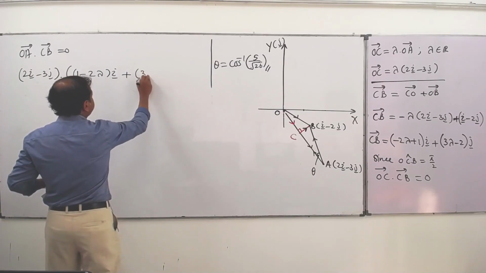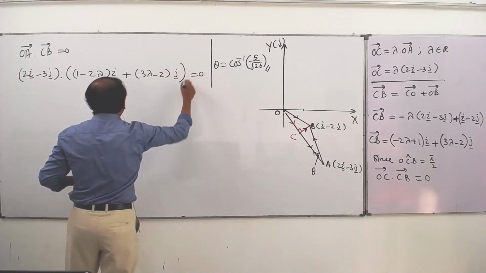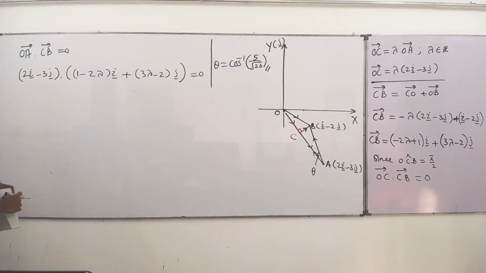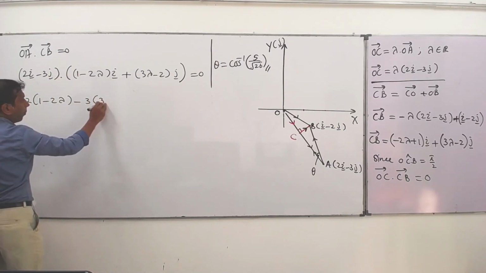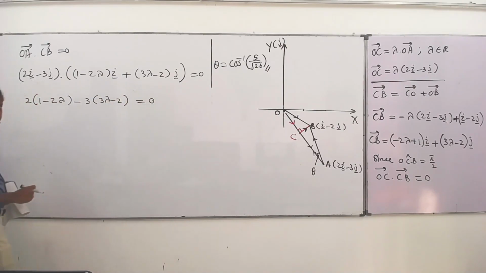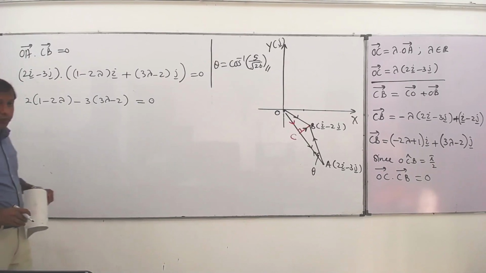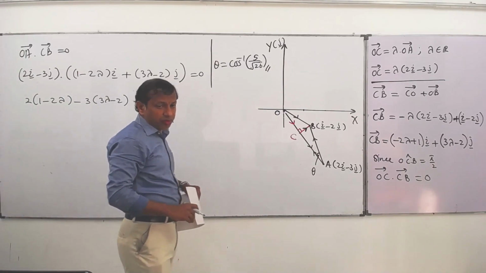It should be 0. Now I coefficients we can multiply, 1 minus 2 lambda, j coefficients we can multiply, minus 3 lambda minus 2 equals 0, correct, no? Now I can write, okay, simplifying this.